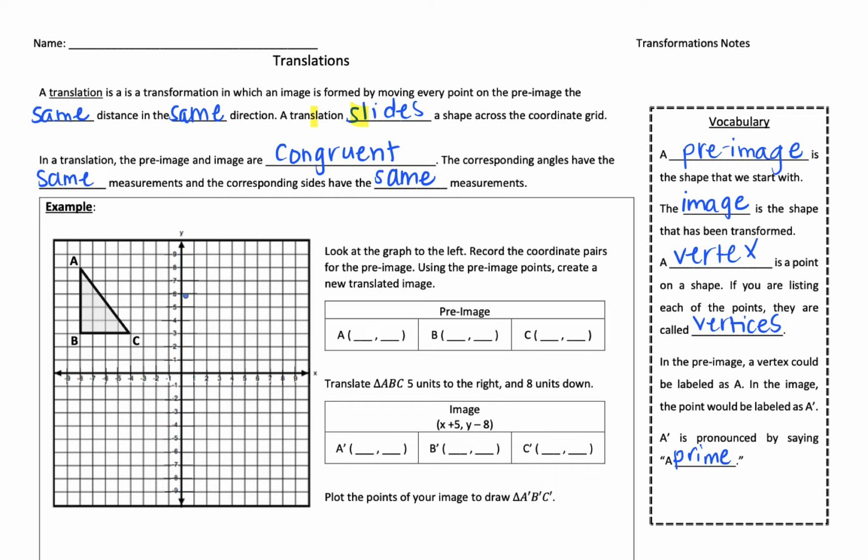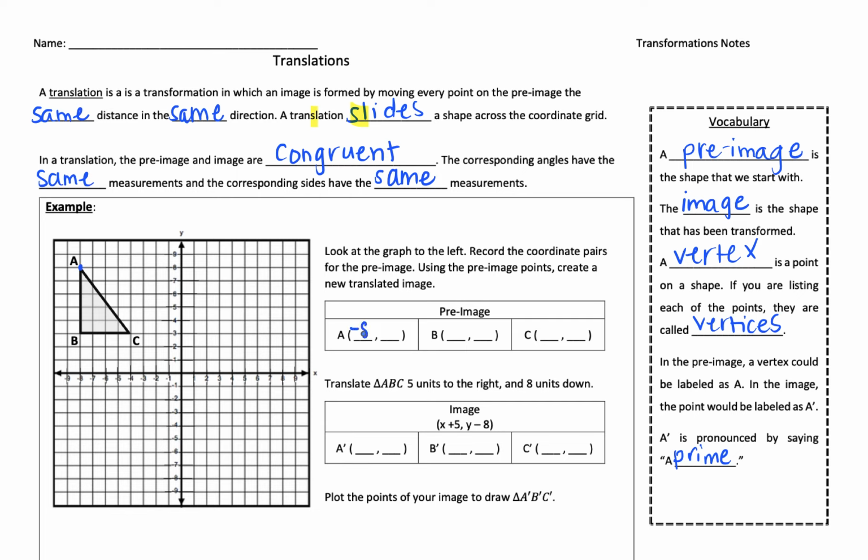For an example of an actual translation, I've given you a triangle on the coordinate grid labeled A, B, C, and it says look to the graph on the left. Record the coordinate pairs for the pre-image. Then using the pre-image points, create a new translated image. On our pre-image, we have point A, and this point A is at -8 for our x value and +8 for our y value.